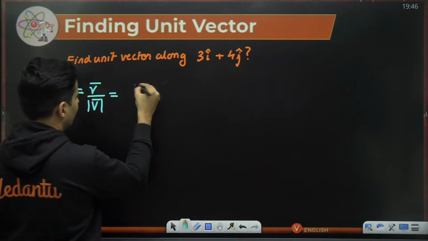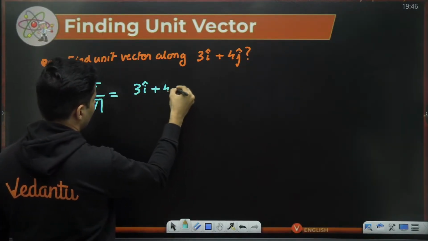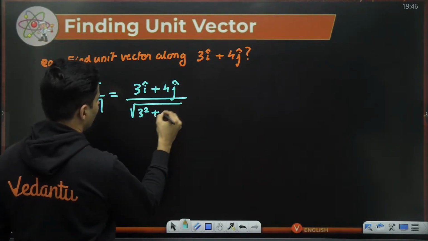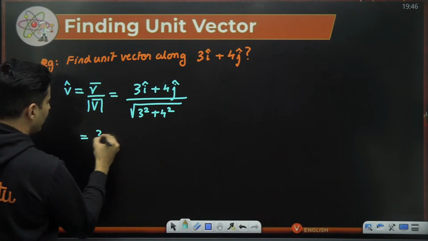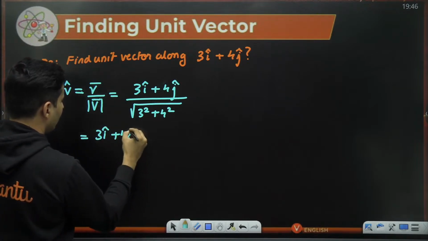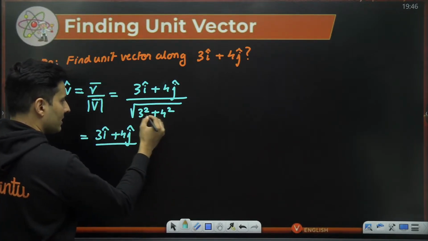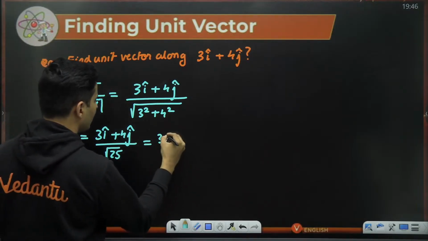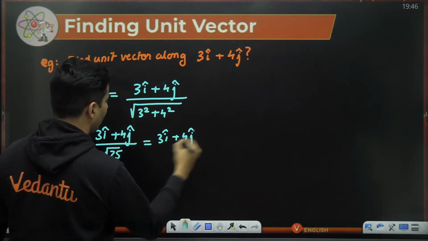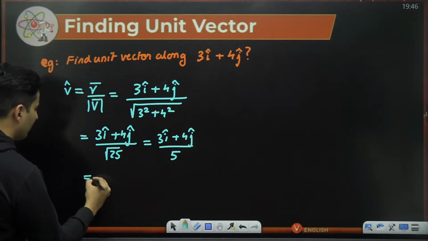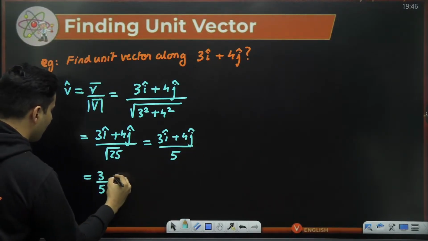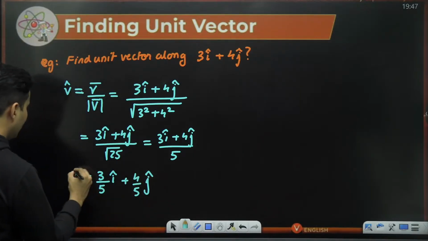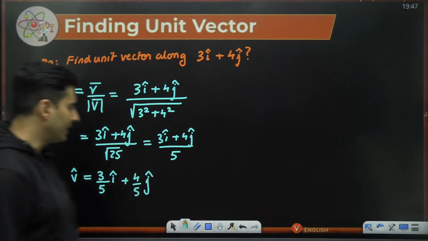So the vector itself is 3 i cap plus 4 j cap. The magnitude of this vector is root of 3 square plus 4 square. 3 square is 9, 4 square is 16, 16 plus 9 is 25. So root of 25 is nothing but the number 5, which can be further written as 3 by 5 i cap plus 4 by 5 j cap. So that is the unit vector along this vector.